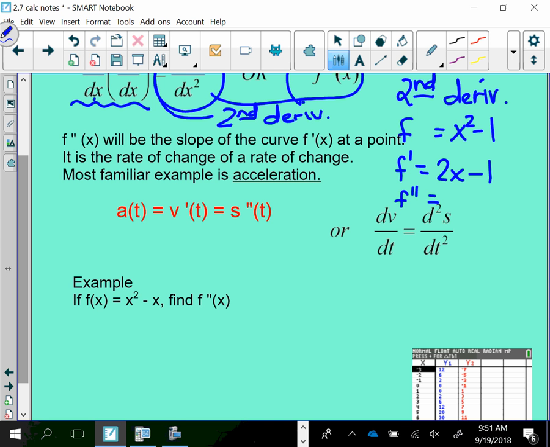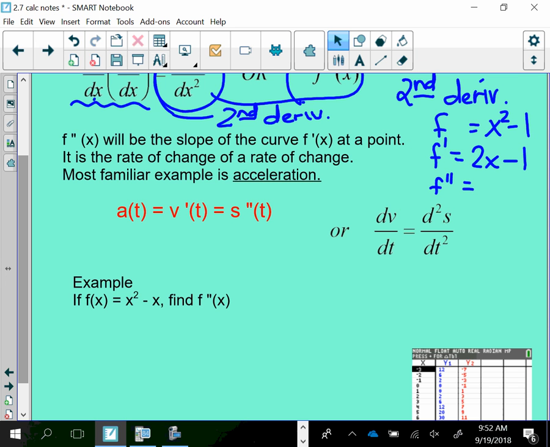What's the second derivative of this whole function? What's the derivative of 2x minus 1, Maggie? Okay, that's the second derivative then. Okay? Anybody give me a third derivative? 0. The derivative of a constant is 0.